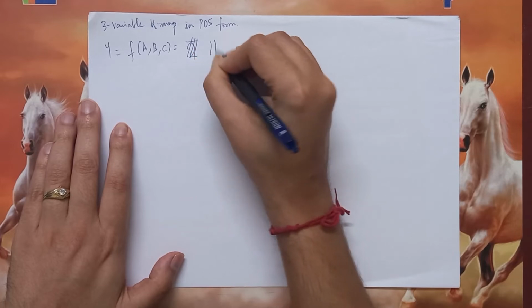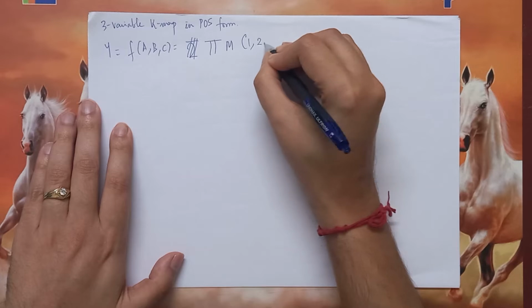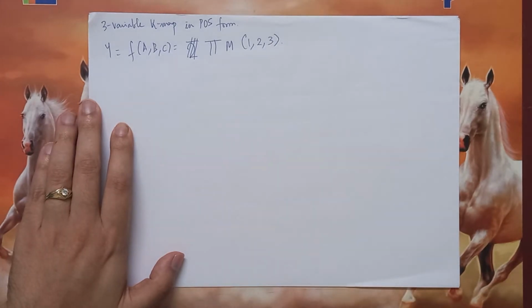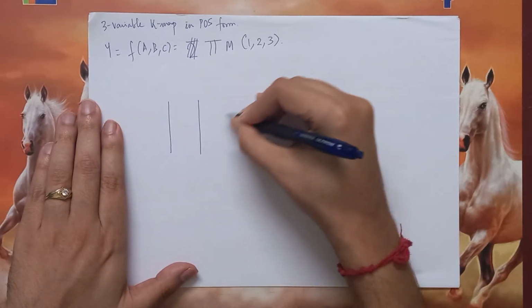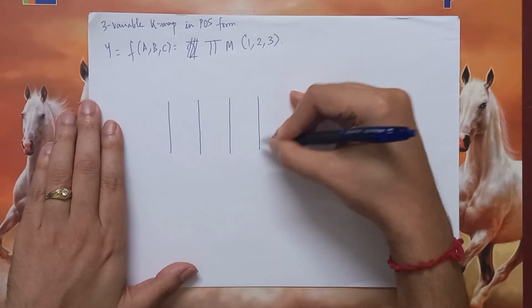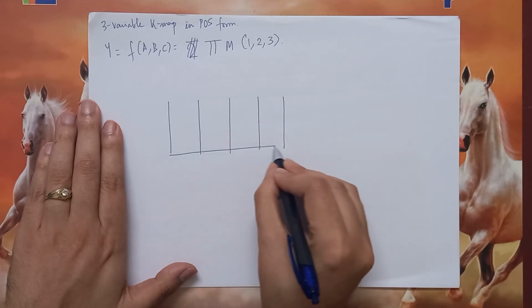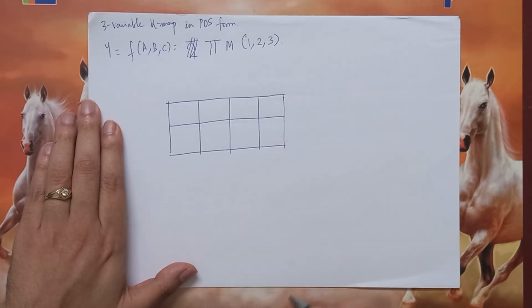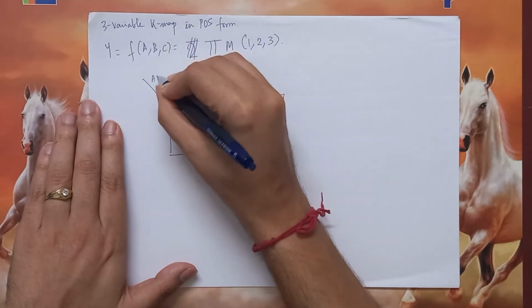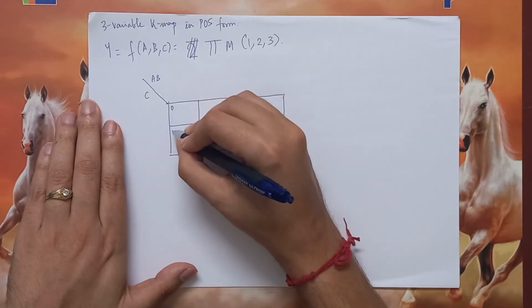Oops, it's POS, so I have to use the product of max terms. These are the max terms, which means these will be zeros. So if you want to construct the K-map, it will still be the same as that of the SOP form. However, there will be certain small changes. The numbering of the cells will remain the same.